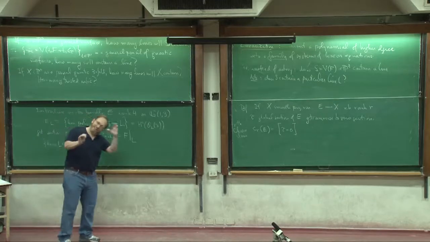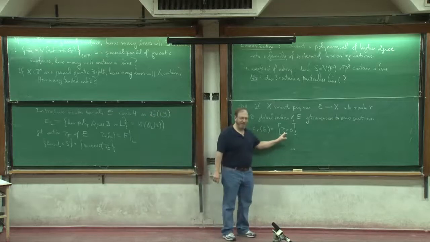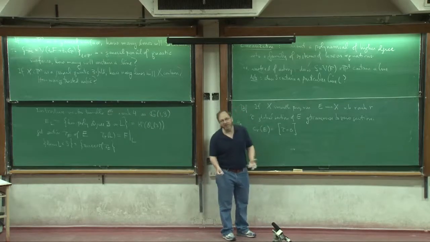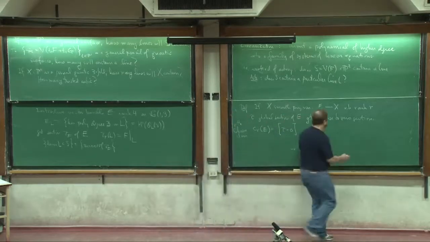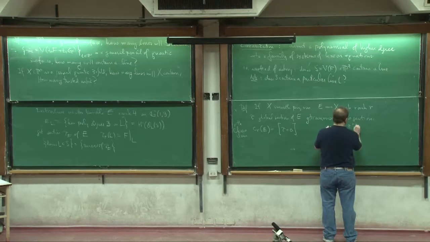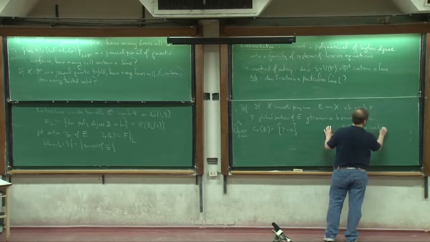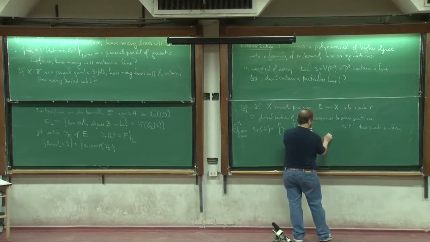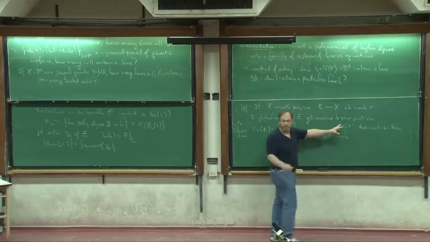Now, you should be screaming at this point, that depends on the choice of tau. I want a function only of E. Now, in fact, we can use linearity. If tau and tau prime are two such sections, you get a family of sections by taking linear combinations of them.